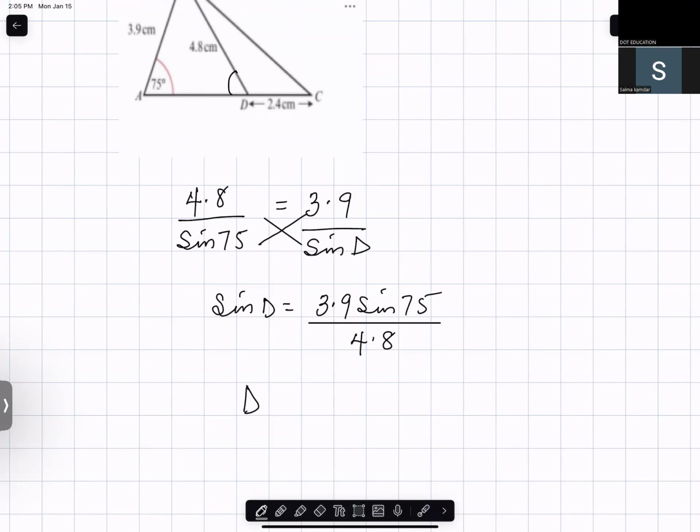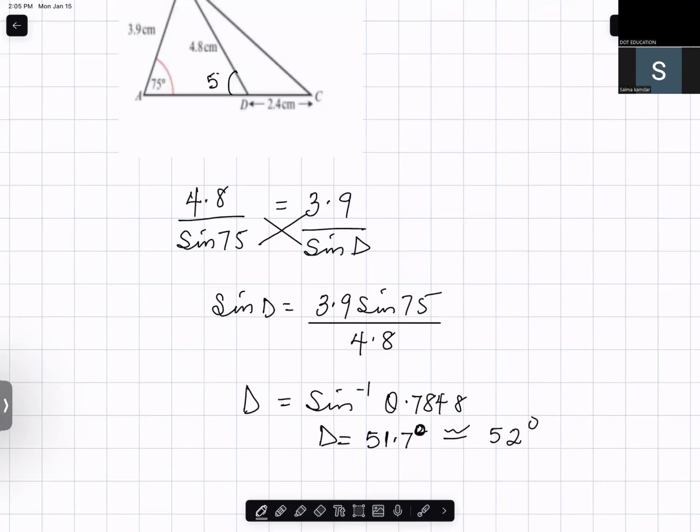D is sine inverse of 0.7848. So the angle is 51.7, approximately 52 degrees. So I have this angle here as 52 degrees.